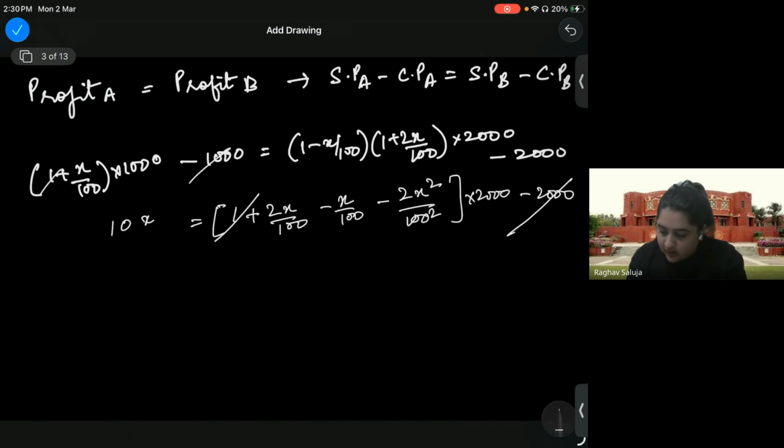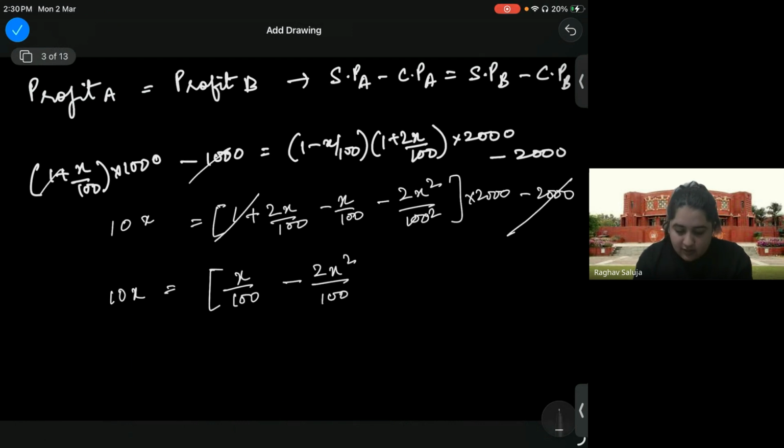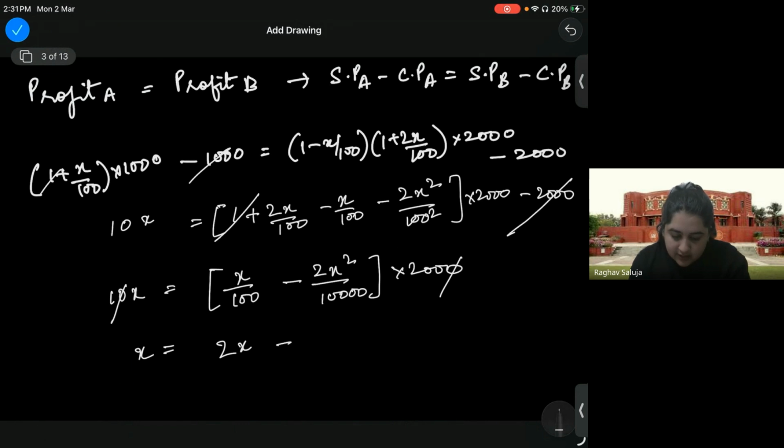So here we are left with 10x is equal to 2x by 100 minus x by 100 is x by 100 minus 2x square by 100 square, or you can write it as 10,000 into 2,000. Okay, so we can cut this and this. Then we have x is equal to, 100 and 100 will cut, so we have 2x minus 100 and 100 will cut again.